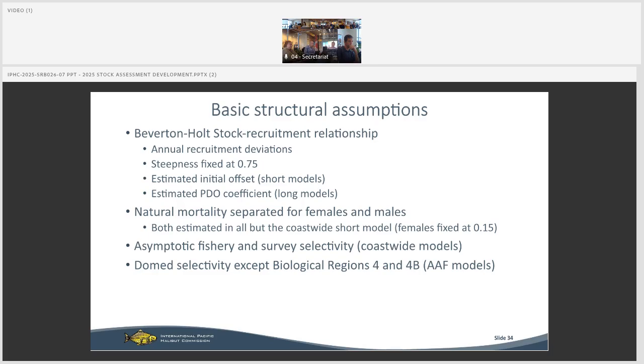We assume asymptotic fishery and survey selectivity in the coastwide models, and we assume dome selectivity in the areas as fleets models, except in regions 4 and 4. So the east side of the stock, where the old fish aren't, are allowed to be dome shaped when we have an areas as fleets approach.